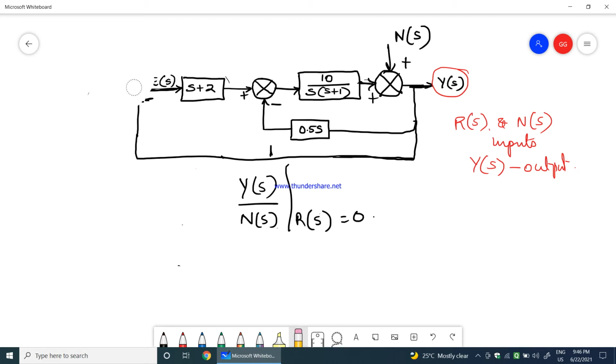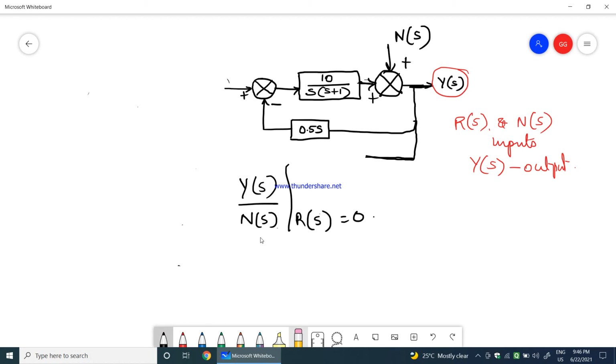Therefore I will remove this summing point, I don't need this, and I'll just multiply s plus 2 with a negative sign, so that would be the total block. So therefore this complete I'll remove, and then I'll say this is s plus 2, this is minus of s plus 2, and this is given to this.